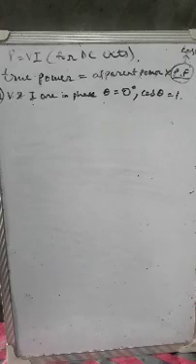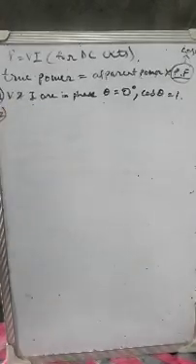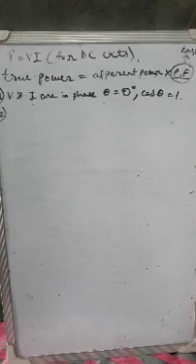Now what is condition 2? If the voltage and the current differ by minus 90 degrees or plus 90 degrees, that means they are out of phase, then cos theta will be equal to 0, and when cos theta is 0, P's value will be 0.